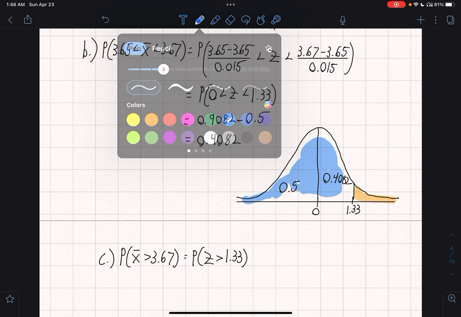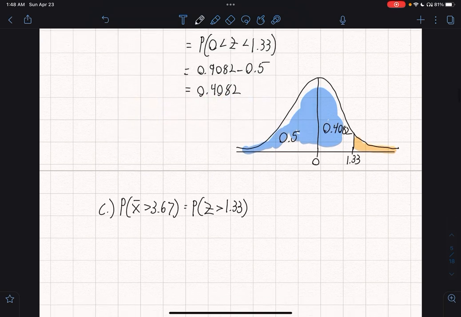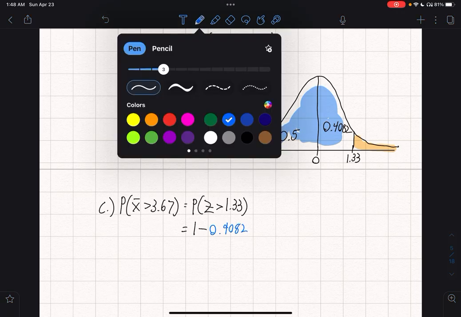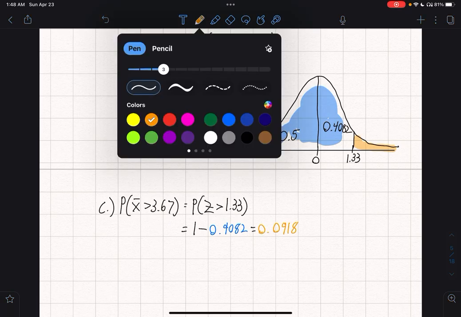So I know that this will be equal to 1 minus the blue, 1 minus 0.9082, is equal to the orange area of 0.0918.